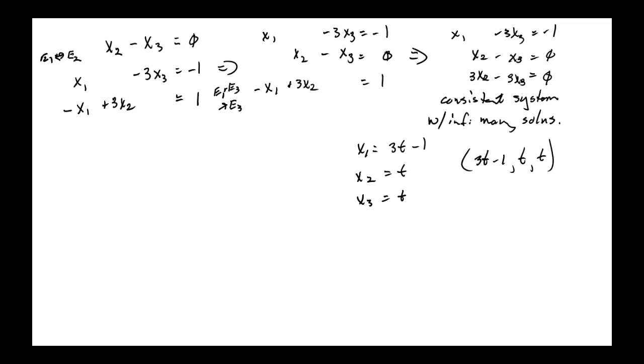So negative 1, 0, 0 should work. 2, 1, 1 should work. 5, 2, 2 should work. Negative 4, negative 1, negative 1. I mean, an infinite number of solutions. When you get it in parametric form like that, it's real easy to figure out what they are.